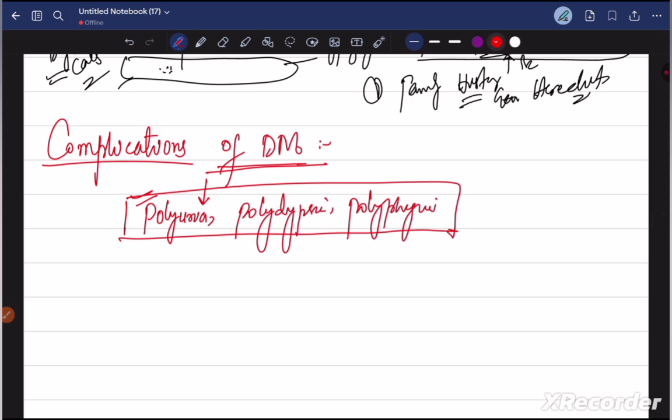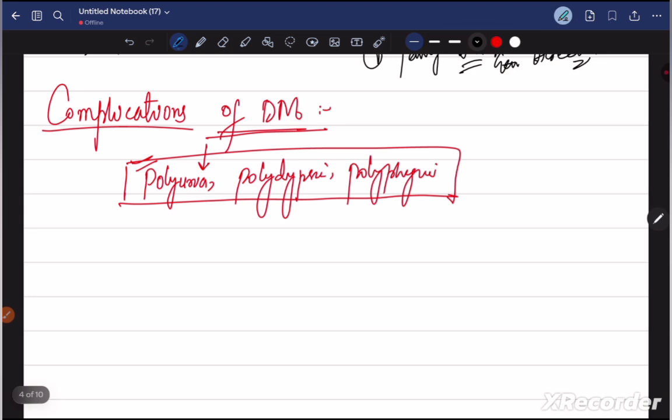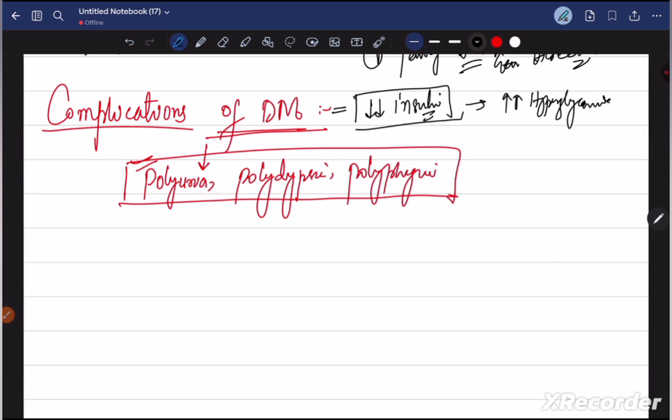What happens in diabetes mellitus? I told you in type 1 diabetes mellitus there is decreased insulin production, and I told you the reasons. Because of the decreased insulin production, there will be hyperglycemia. Hyperglycemia means there will be increased glucose concentration in blood.